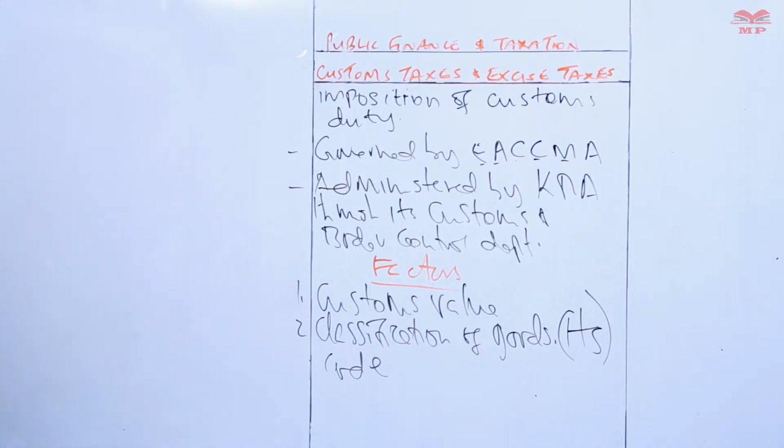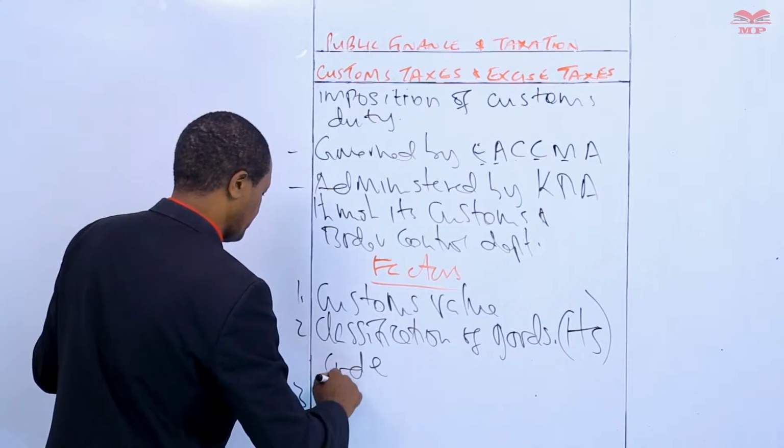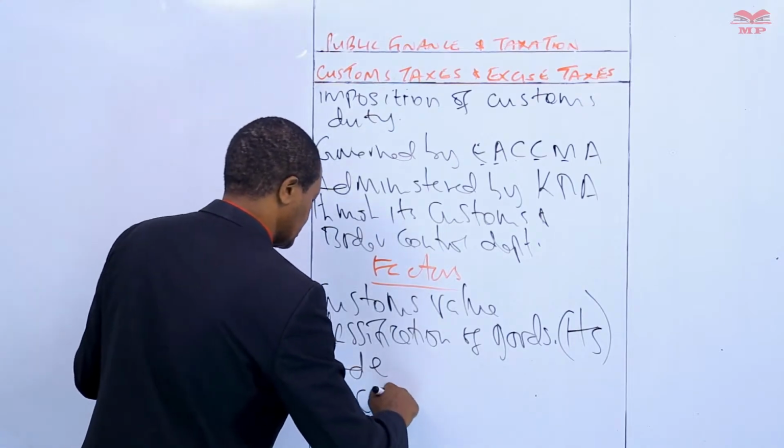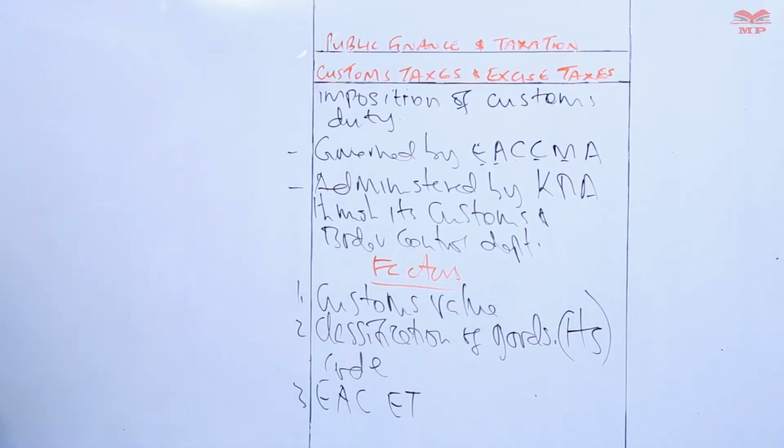Then we have the East African Community external tariff, which can also determine the amount of customs duty to pay. Kenya, we know candidates, is an East African Community member state, and the Community external tariff applies to Kenya.